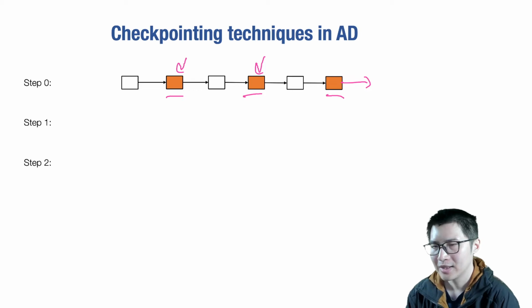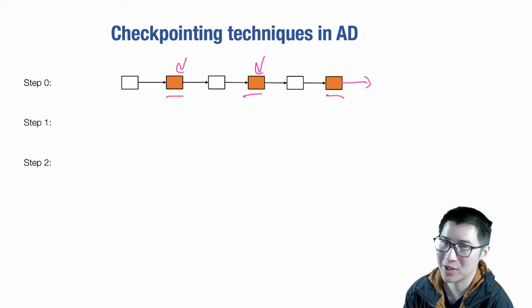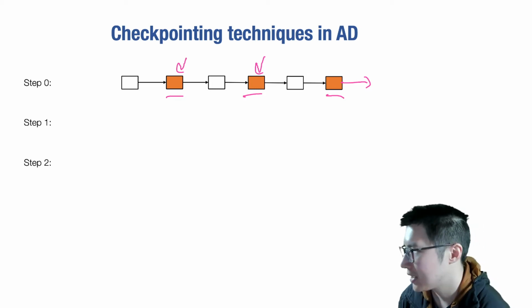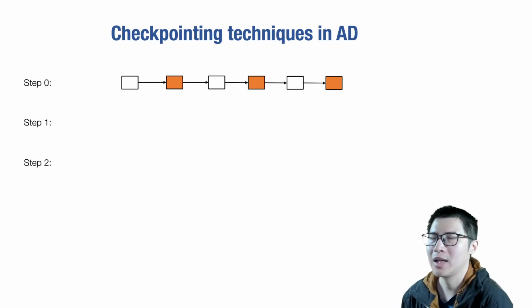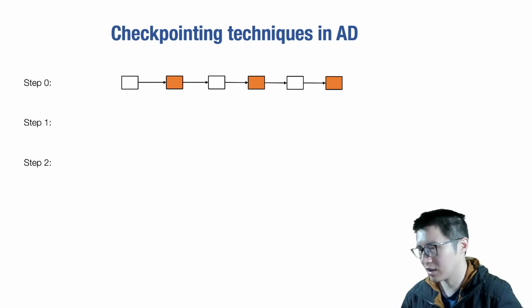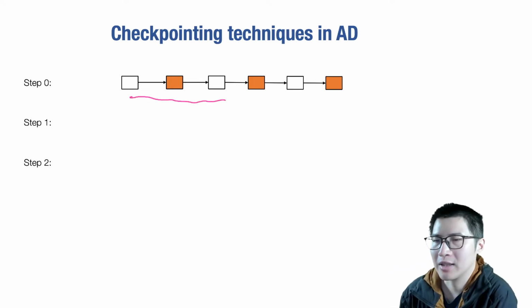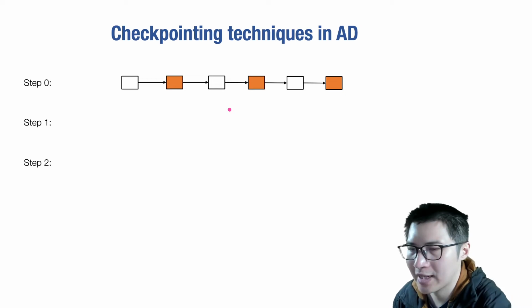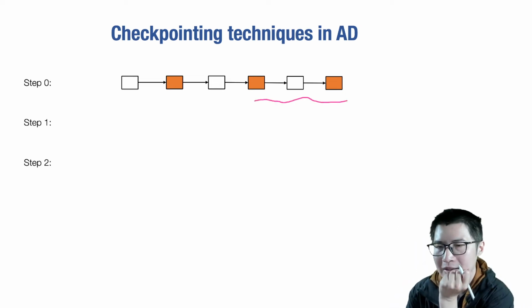Okay. Now we want to compute the gradient value, right? And we want to be able to compute a gradient with respect to each weight. How can we do that? Let us assume that for now I don't care about computing the gradient of those first few layers, and I only care about gradient values of the last 3 layers here. Okay. What can I do?